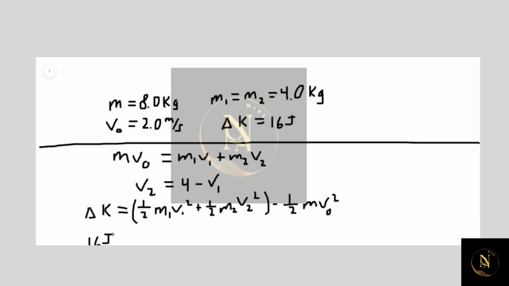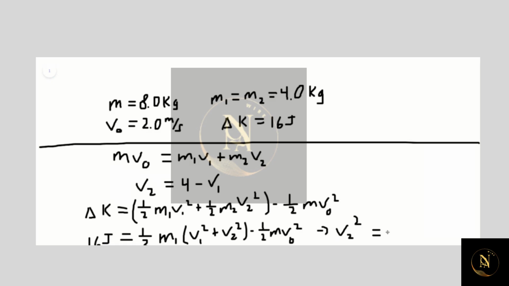We can pull the 1/2 out front, as well as M1, since M1 is equal to M2 and they're the same value. So 1/2 M1 times V1 squared plus V2 squared, minus 1/2 M V0 squared. Once again, using the values for M, M1, and V0, we find that V2 squared is equal to 16 minus V1 squared.